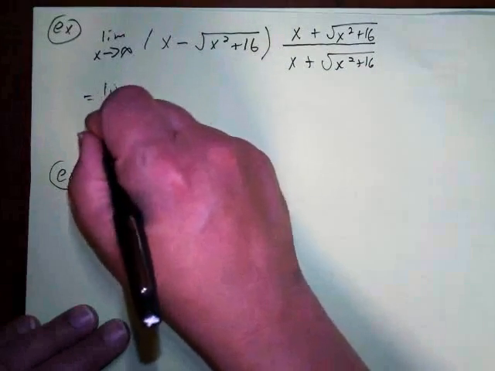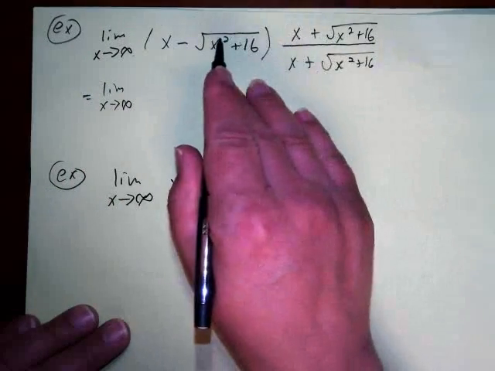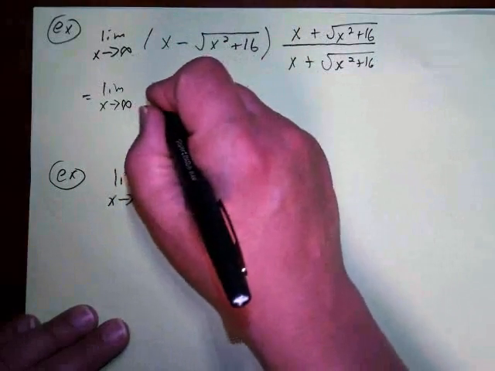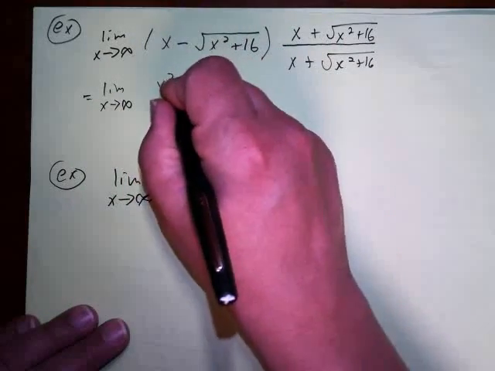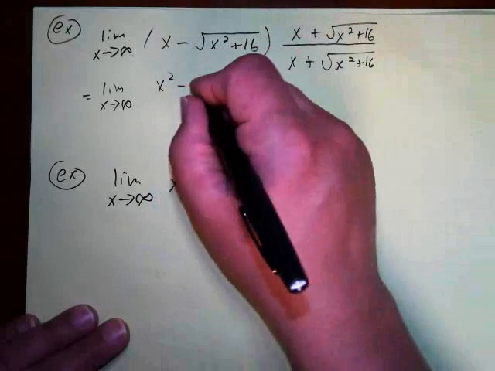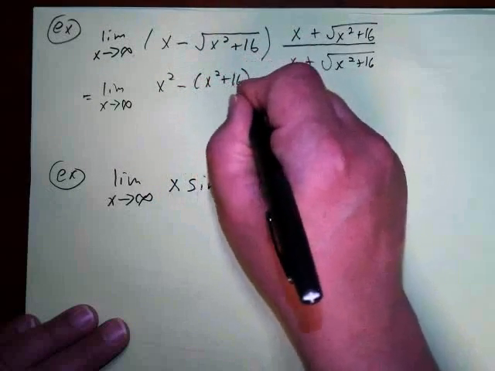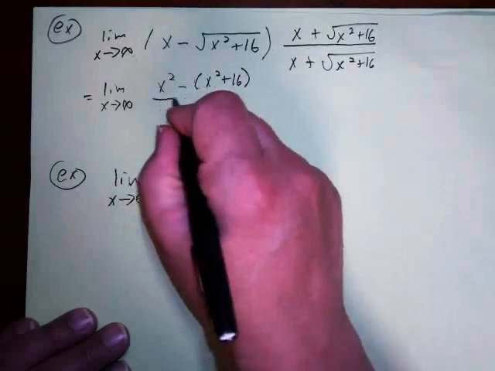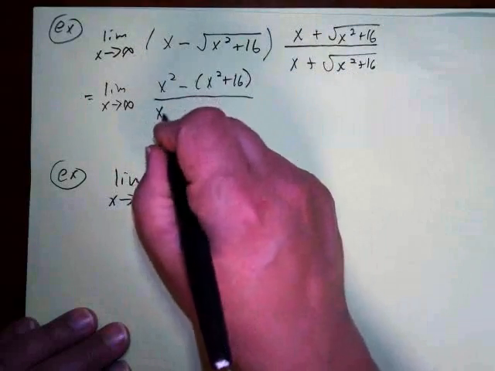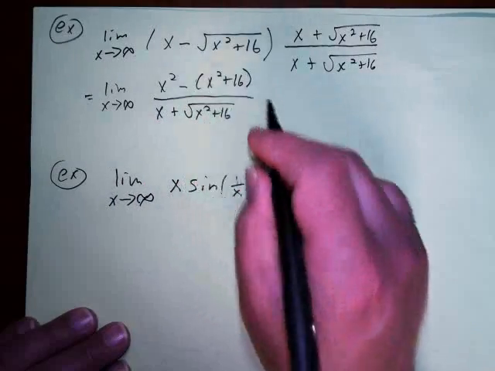So then I get the limit as x goes to infinity. When I multiply these two, I'm going to get x squared minus this thing squared, which will just be x squared plus 16, like that. And then on the bottom I will get all of that, x plus square root of x squared plus 16.